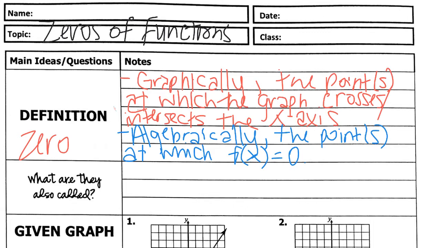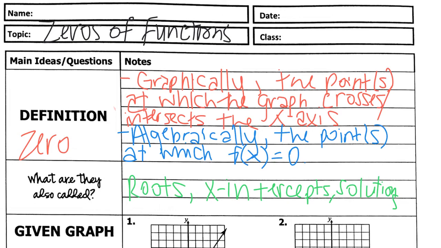Sometimes zeros also go by other names. Sometimes you will see them called roots, sometimes x-intercepts, and sometimes just the solutions. So you have all of those different names that mean the same thing as zero.